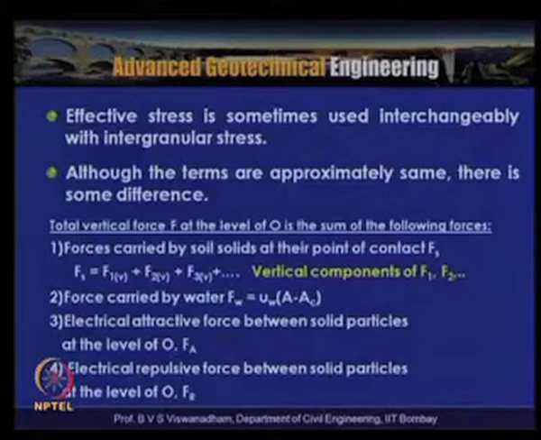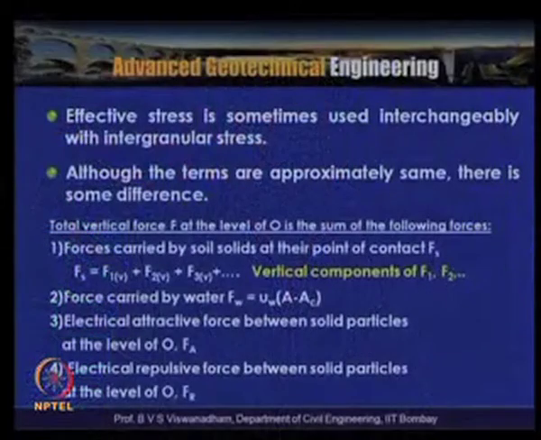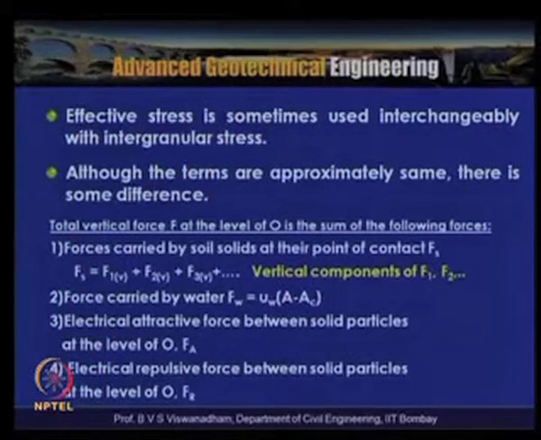Electrical attractive forces between solid particles at the level O. That means if you have some soil solids which have mineral interaction, then electrical attractive forces will be there between the solid particles at the level of O, that is Fa. Electrical repulsive forces between solid particles, if they are dispersive in nature, then there can be a dispersion, that is Fr.